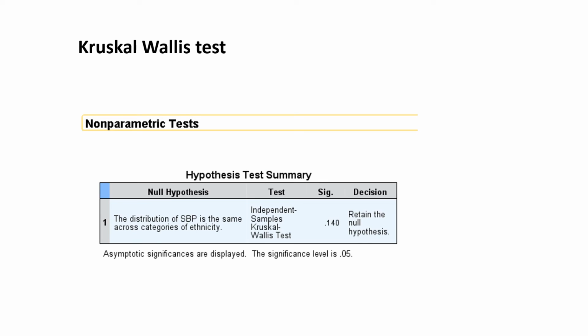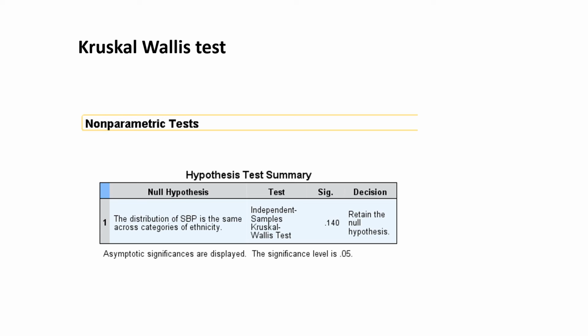Now you click run. The null hypothesis is that the distribution of systolic blood pressure is the same across categories of ethnicity. There is no difference. What test is applied to prove or disprove the null hypothesis?